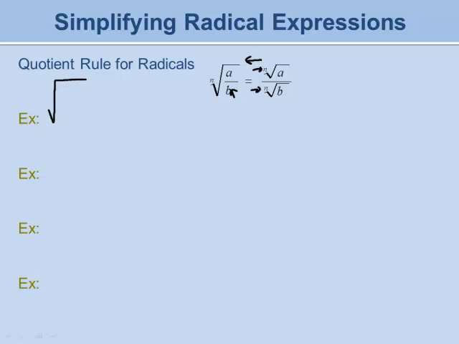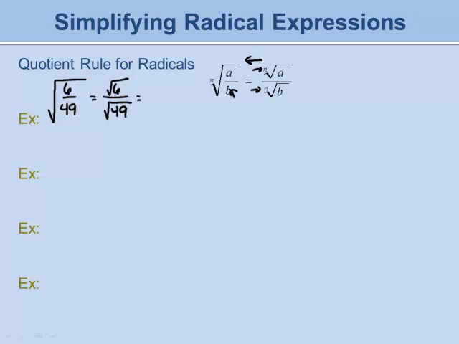Let's say that you were doing the square root of 6 over 49. Okay? Square root of 6 over 49, using the quotient rule of radicals, could also be written as the square root of 6 divided by the square root of 49.